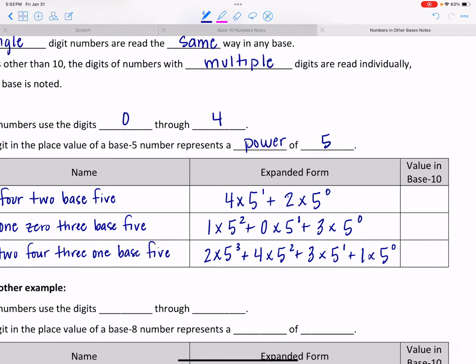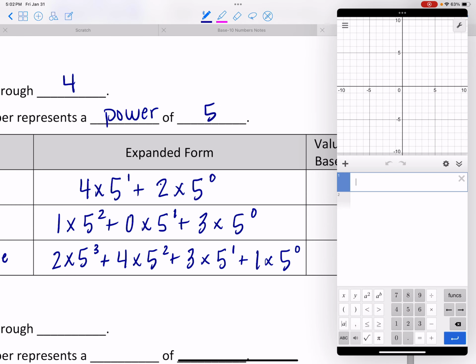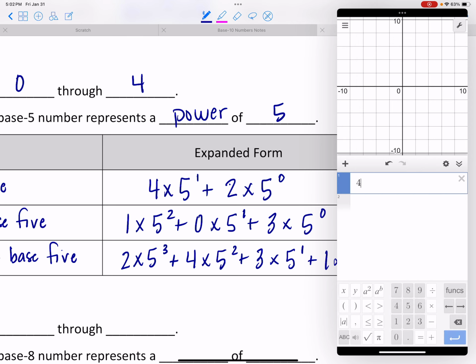Okay? Now, what does that really mean? If we actually mathed it out, I just turned math into a verb. If we actually evaluated the expanded form, I'll just pull out my handy calculator for that. If I put in 4, and actually multiplied it by 5 to the first power, and then added in 2 times 5 to the power of 0, that evaluation of that expanded form gives me 22.